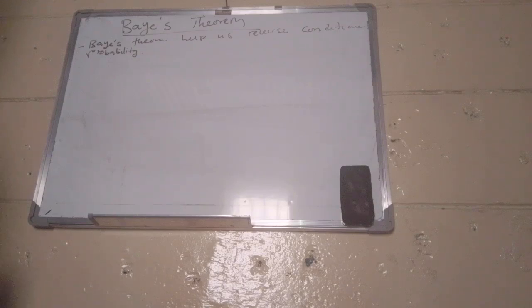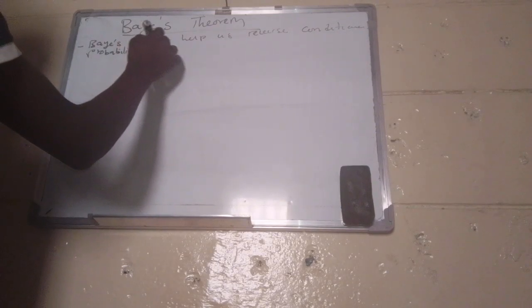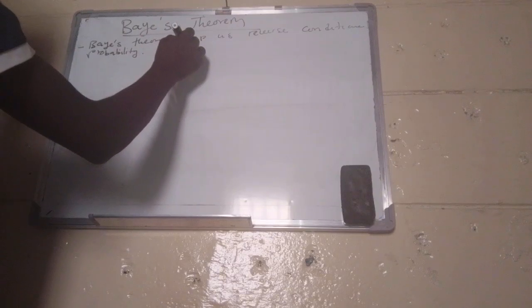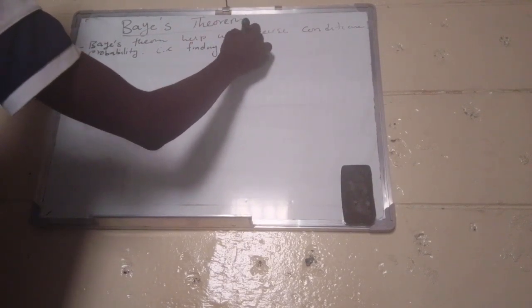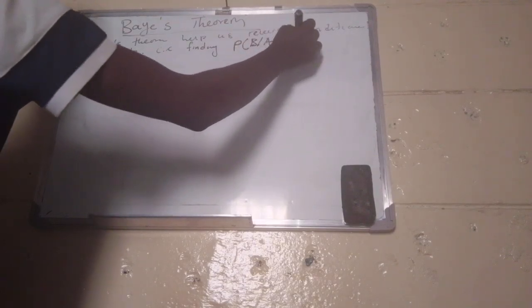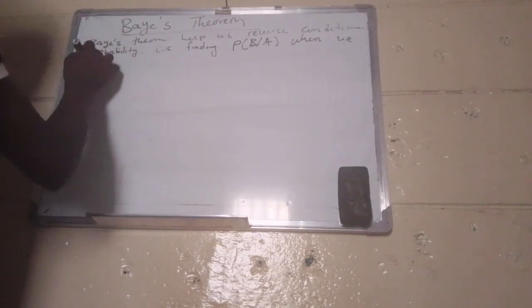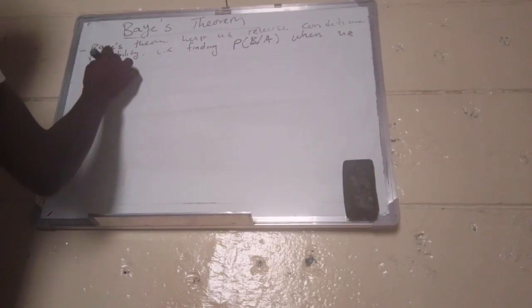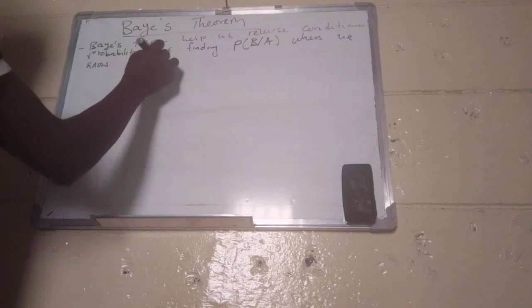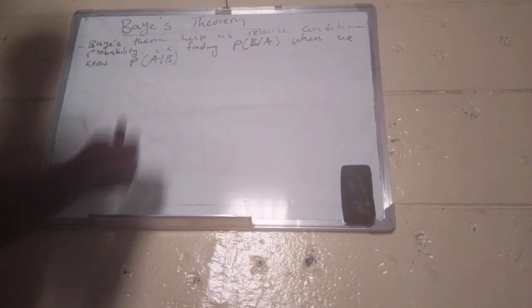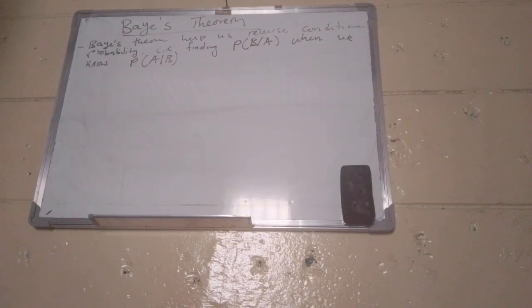What are we talking about? We're talking about finding the probability of B given A when we know the probability of A given B. So just reversing it, are we able to reverse such cases? Now, what do we know under conditional probabilities?